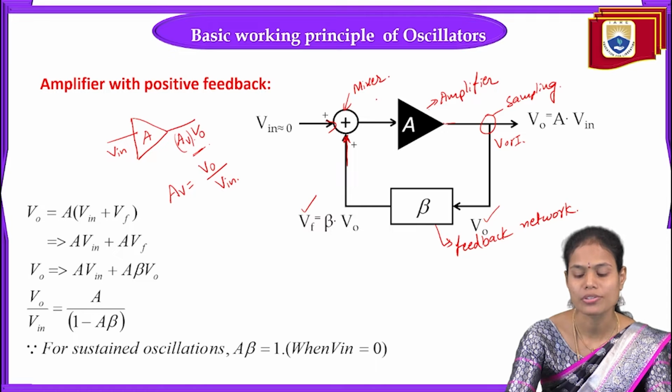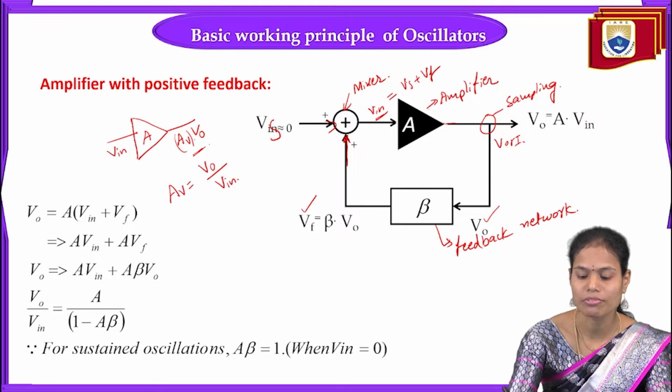Again this feedback signal is given back to the input by using a mixer. By using the mixer circuit, we give both the applied voltage Vs as well as the feedback voltage Vf. So in this case, Vin is the sum of Vs plus Vf, because it is positive feedback, so we indicate it with plus.